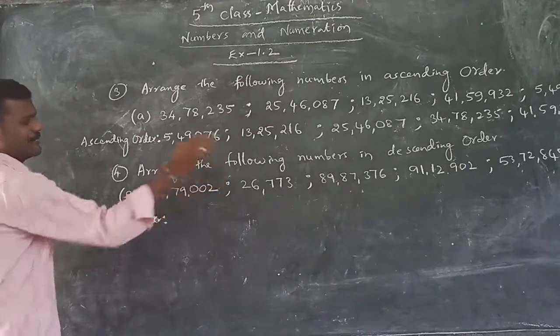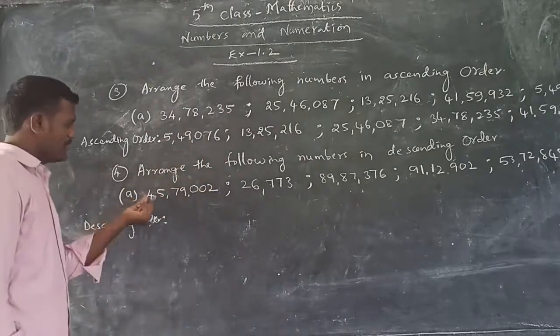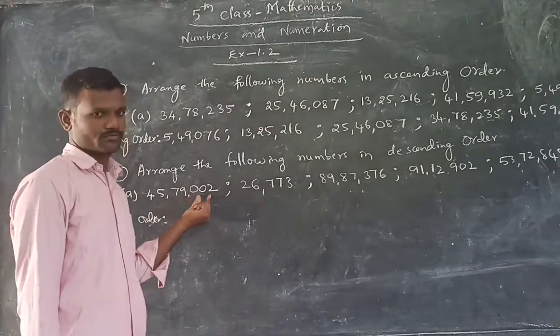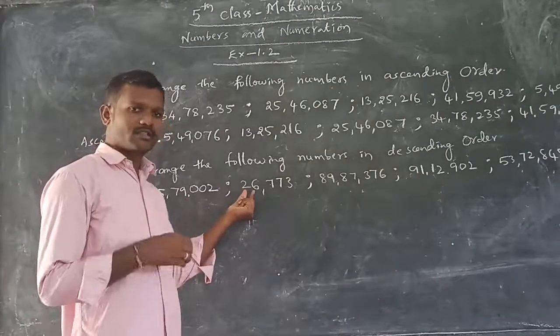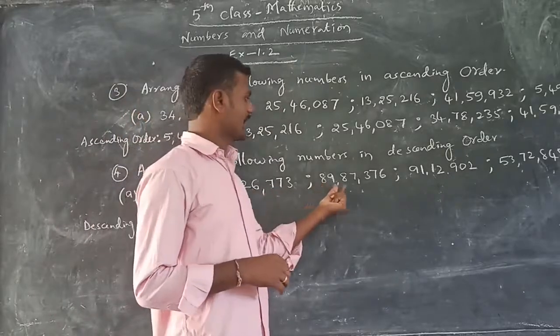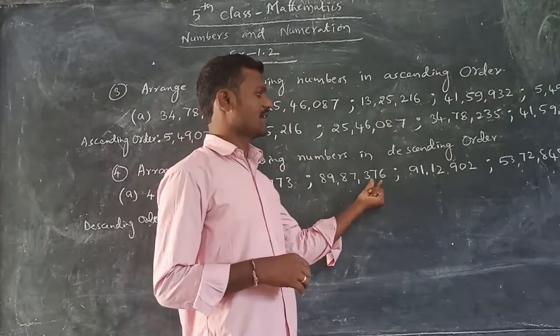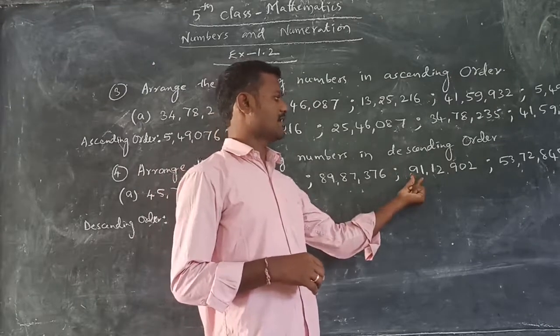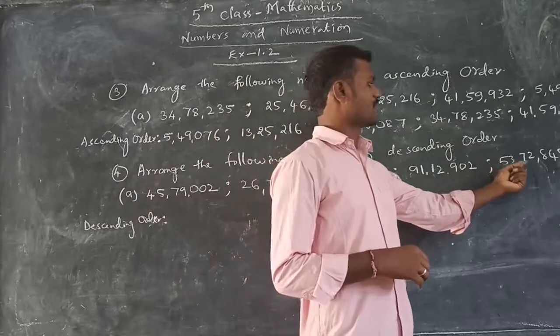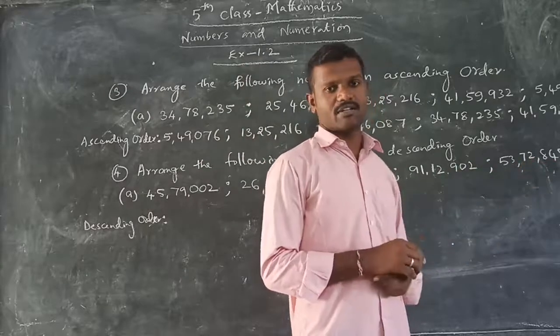Okay. What is the bigger number in there? First one, 45 lakhs 79,002. 26,773. 89 lakhs 87,376. 91 lakh 12,902. 53 lakh 72,845.